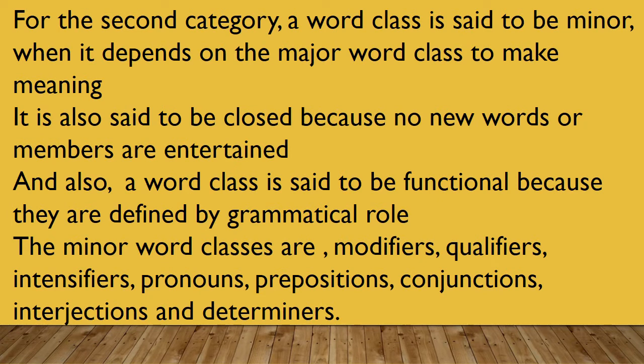And also, a word class is said to be functional because they are defined by a grammatical rule. The minor word classes are modifiers, qualifiers, intensifiers, pronouns, prepositions, conjunctions, interjections, and determiners.